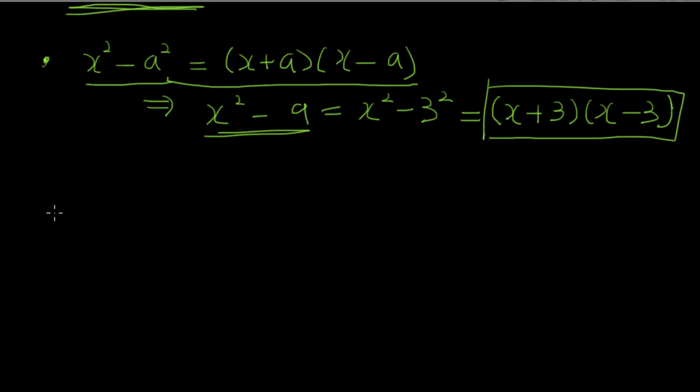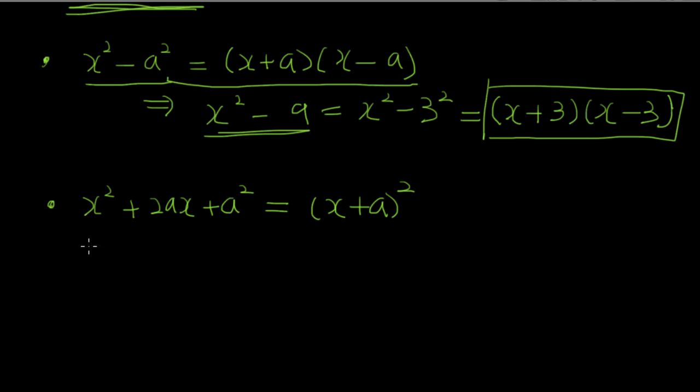Another formula that we should also know is x squared plus 2ax plus a squared. If an expression is in this form, it will be factored as x plus a, squared, also known as a perfect square.